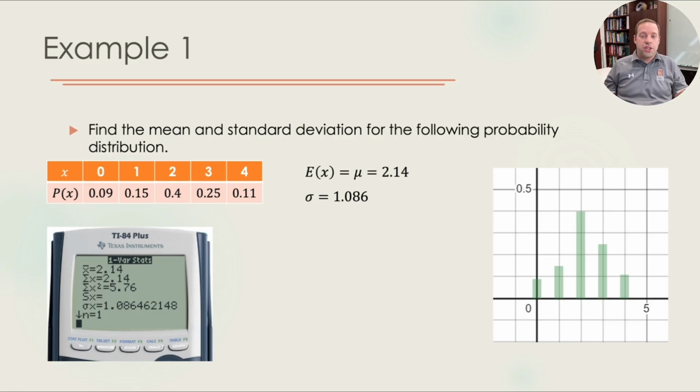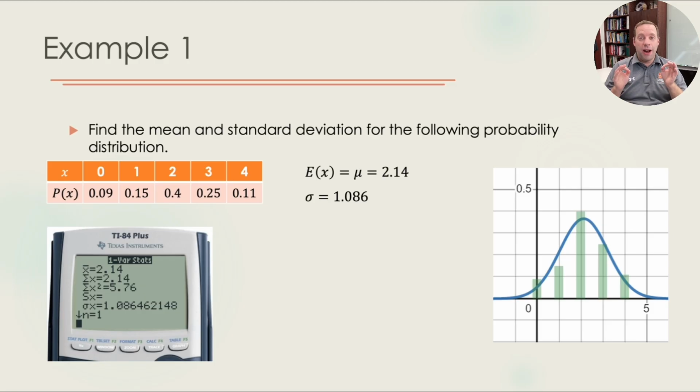Woohoo, great, so what? Well, on the right side of your page, there's that bar graph of my probability distribution. If I were to put on a normal distribution with a mean of 2.14 and a standard deviation of 1.086, I get that normal distribution right there.